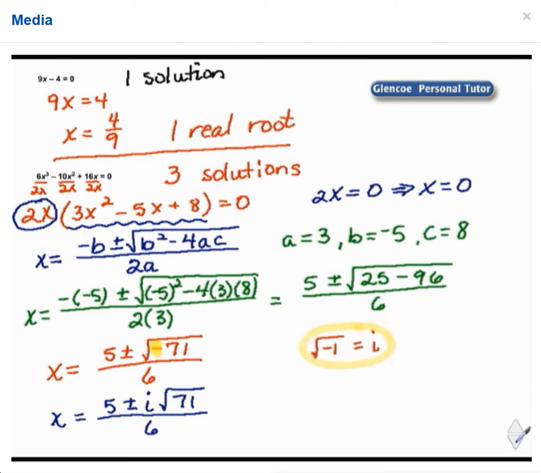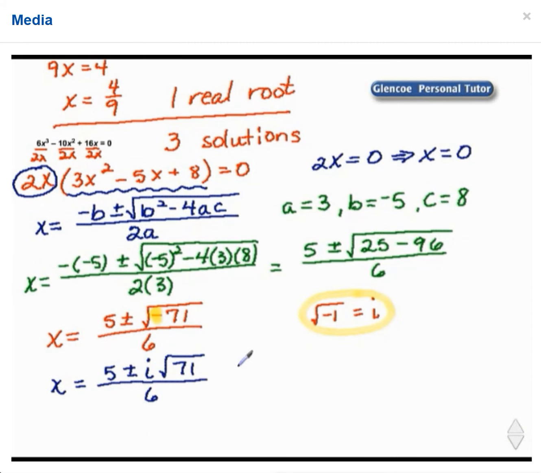So what that means is that we have two solutions from here. We have 5 plus i radical 71 over 6, and then we have 5 minus i radical 71 over 6.